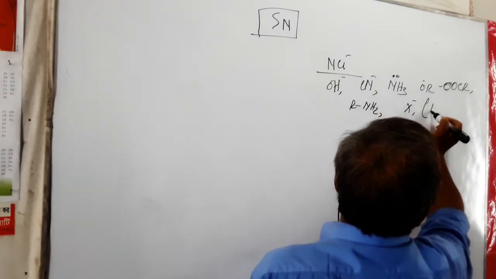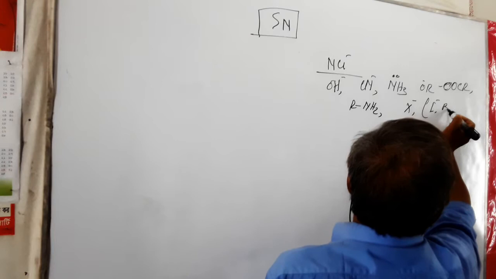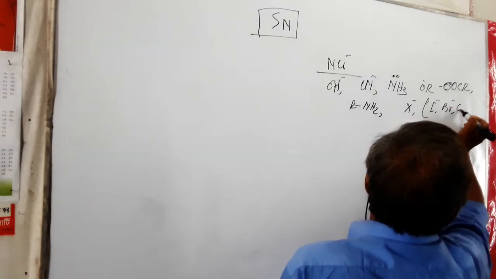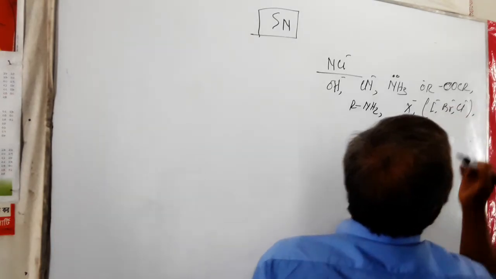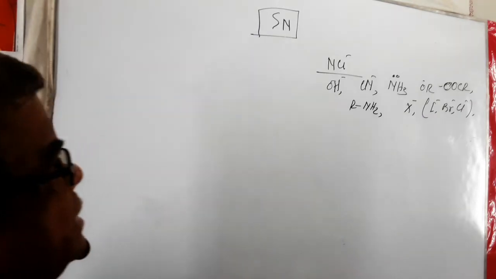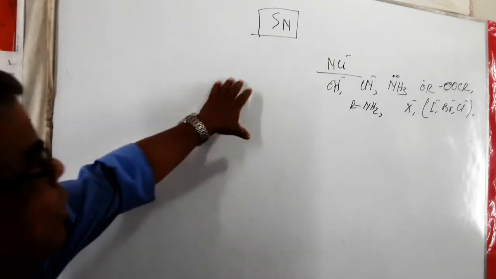Halogen means iodide, bromide, chloride, etc.